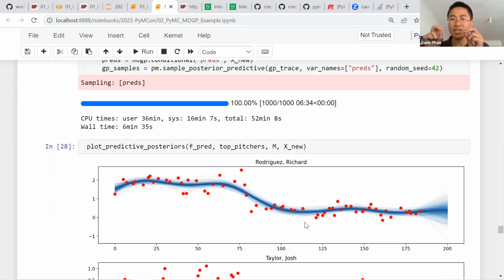So it is called stationary because of x minus x prime. If we move x to different places, but the distance is the same, the value of the kernel is still the same. And this kind of kernel has a tendency to go to the mean.